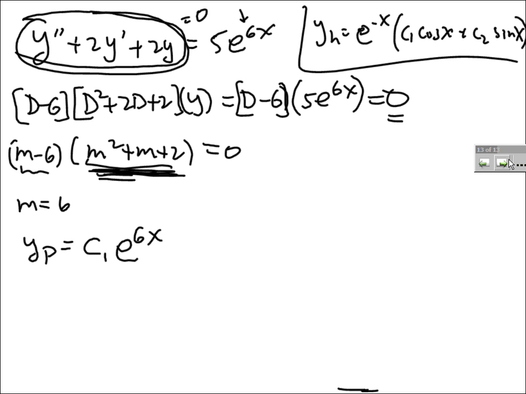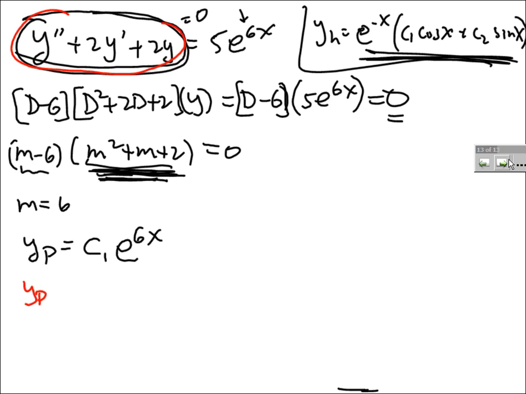Now, if I found the zeros from here, it would just give me this stuff. And I always erase the stuff that was in yp that was also in the homogeneous. Alright, so according to this equation here, we have to go up to the second derivative.